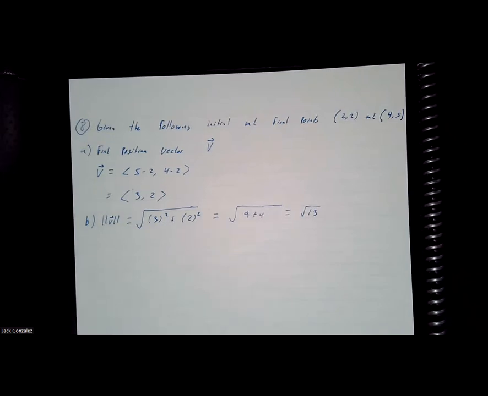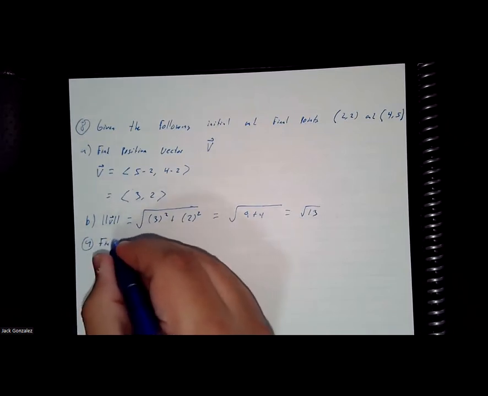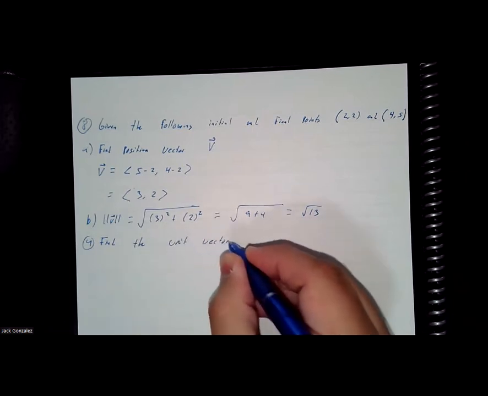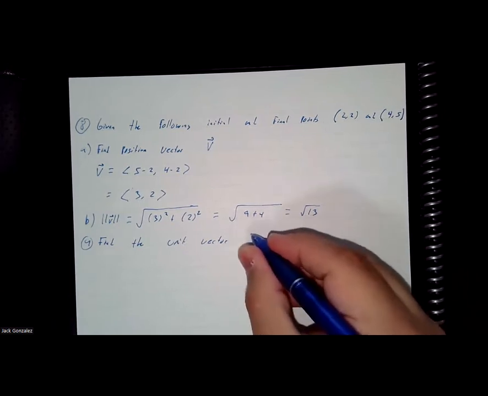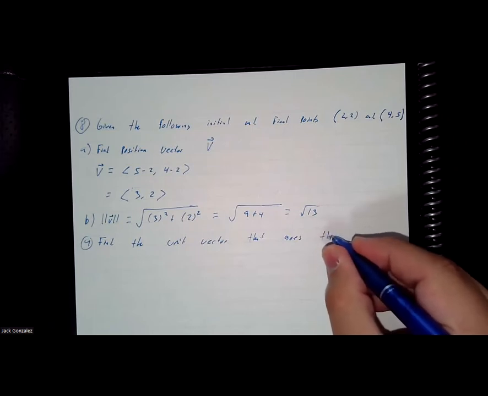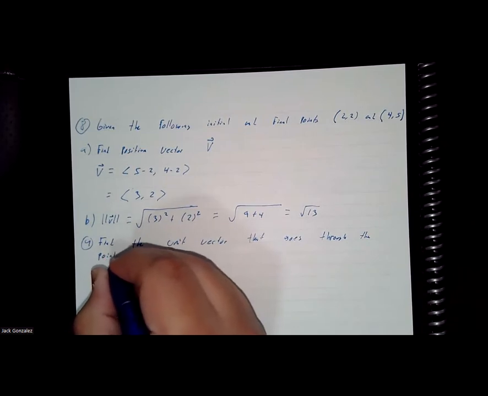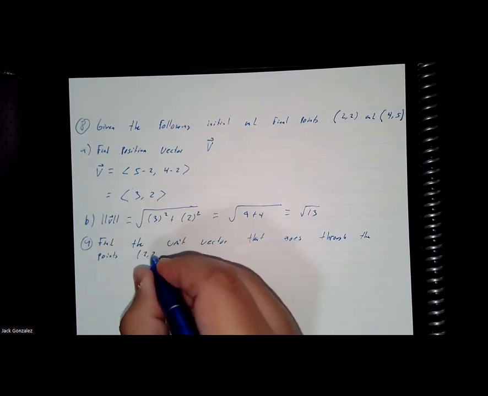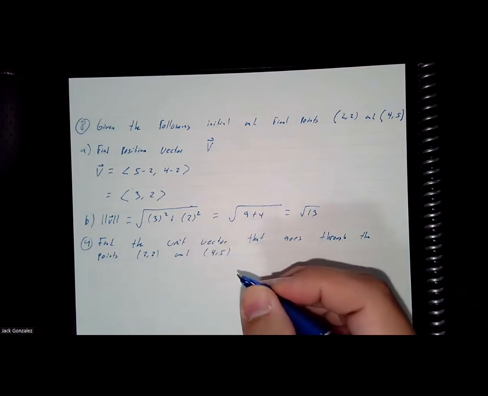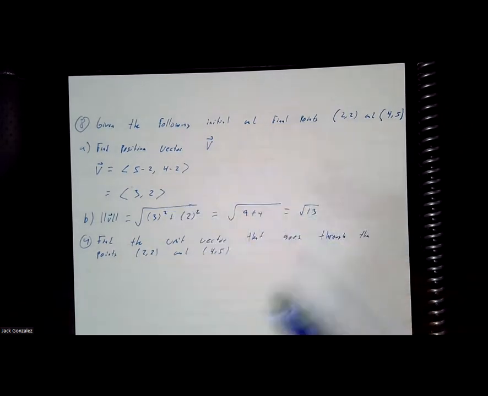Number 9 says find the unit vector. Then go through the points 2, 2, and 4, 5. So that's basically the unit vector of the one we already found.